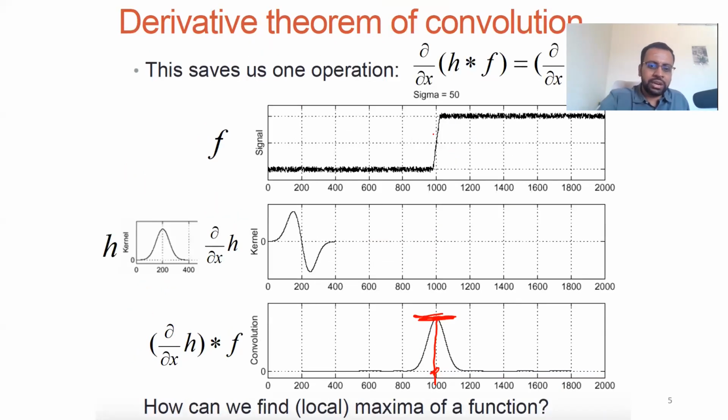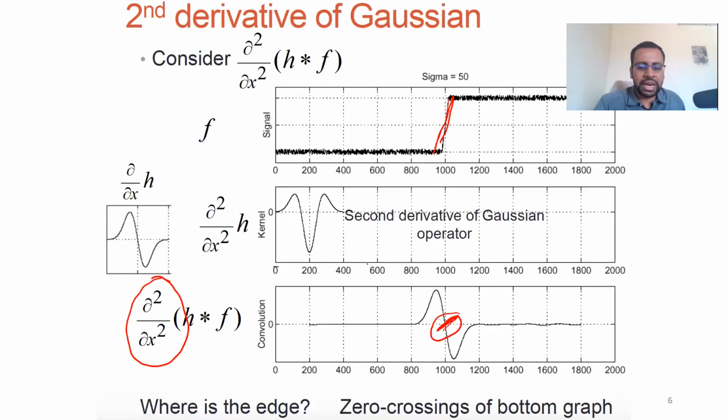Again, what can be done? See, one more derivative you are taking. So still you do a single convolution now with f, because the size of the f is much larger compared to these things. All you need to do is take one more derivative of this function, and that will give you this function.